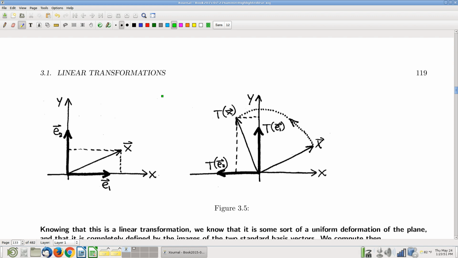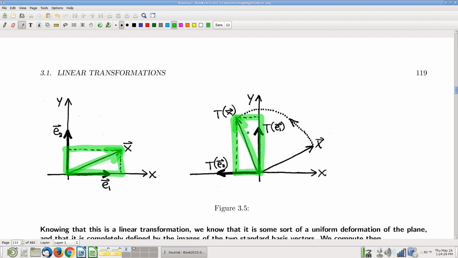Parallel stays parallel, right? It's a linear transformation, and to be a little bit more precise, think about any linear combination. Here we have, for example, a linear combination of these two vectors. Now the picture I've drawn here is a 90-degree rotation. It doesn't really matter. But take this linear combination here. If you do a 90-degree rotation of it, it becomes that picture.